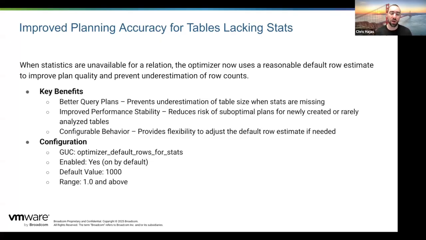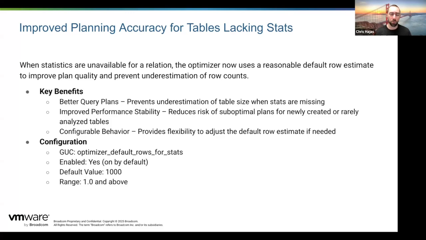So Orca now has a default value for these tables, and we assume that they're going to have around 1,000 rows. This is a configurable value, but it will basically create an upper bound for what a reasonable number of rows is that will at least get things like hash joins and hash aggregates. And in the vast, vast majority of cases, you get much, much better plans when you don't analyze your tables.